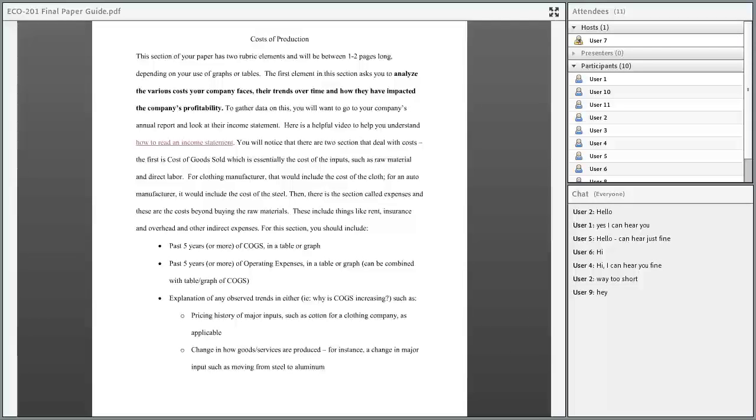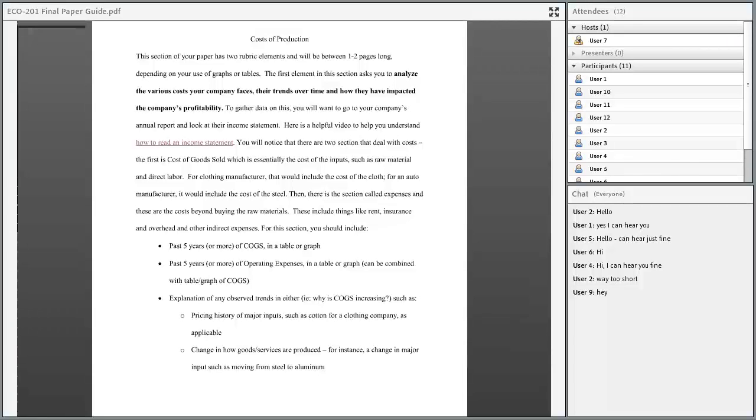The first element that you'll be examining is the costs of production. The cost of production, the so-called COGS, cost of goods sold, you'll be able to find the information for in the financial reports for your company.